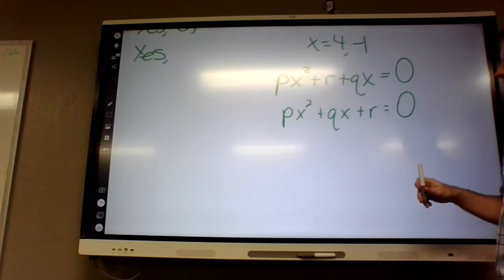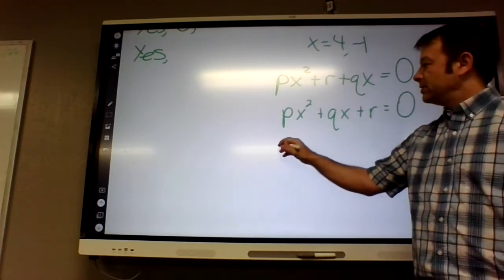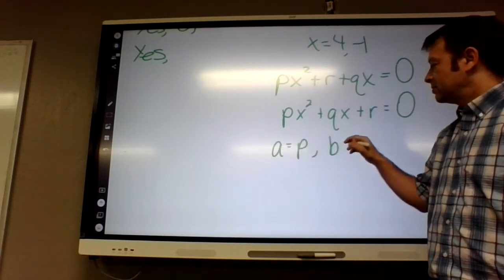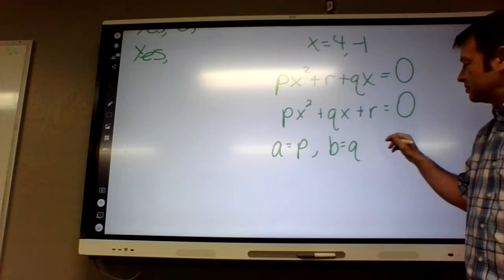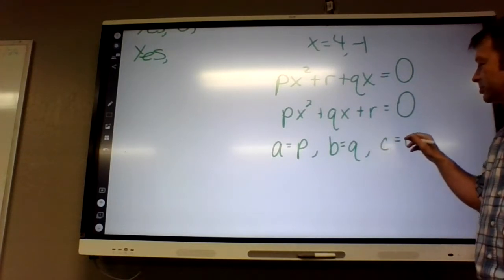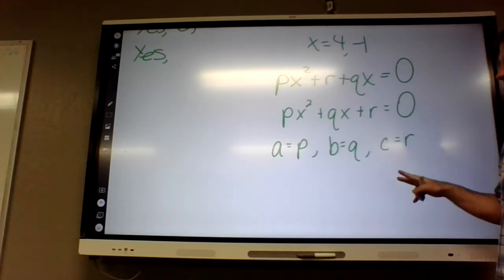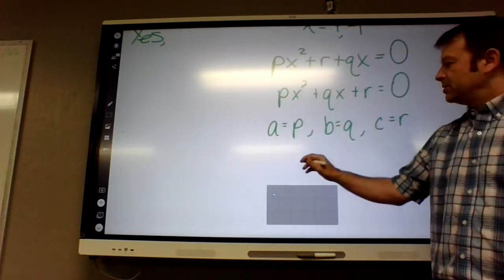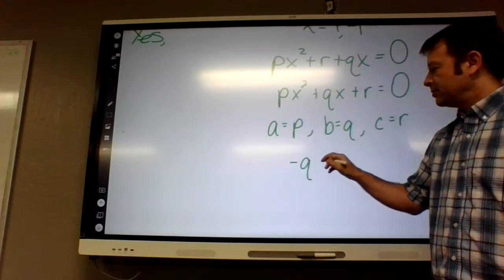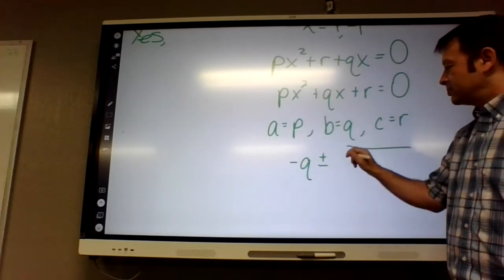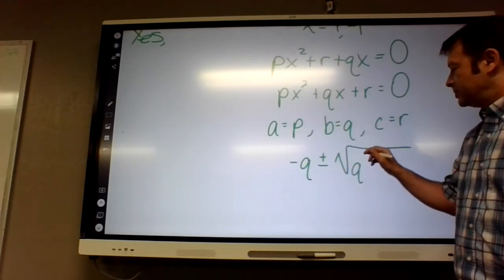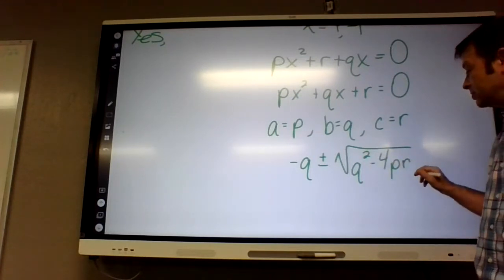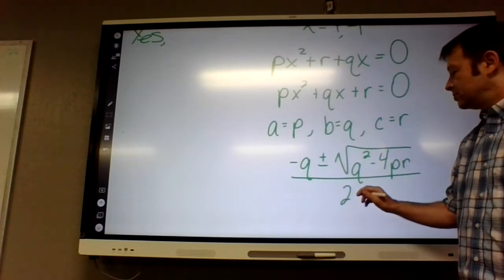Yeah. Okay. Anybody know where I'm going with this yet? Quadratic formula. Negative b plus or minus the square root of b squared minus 4ac, over 2a.